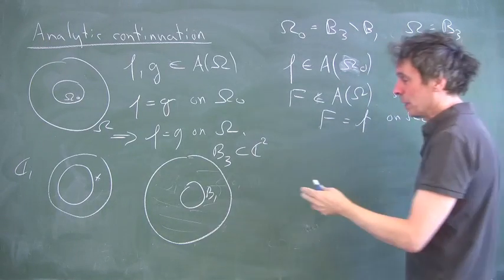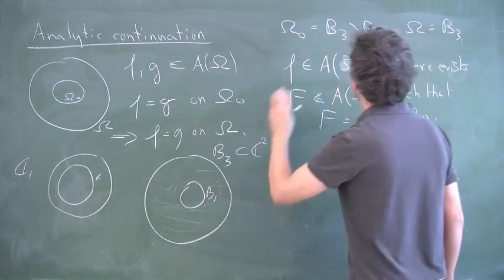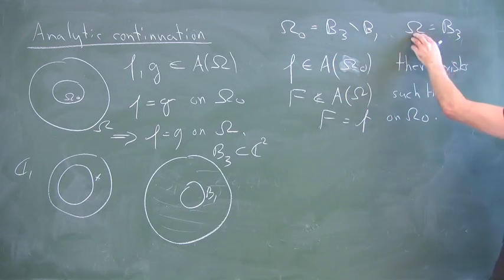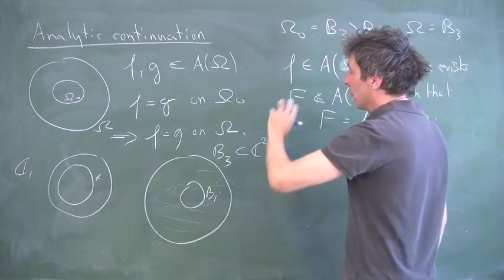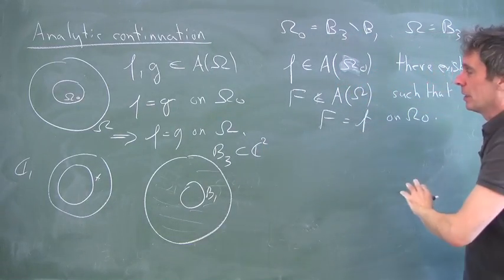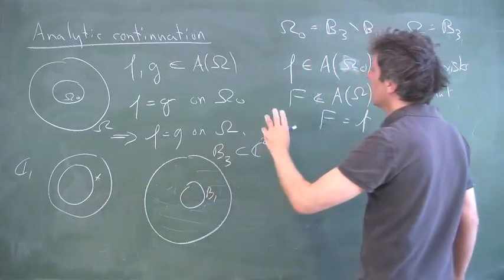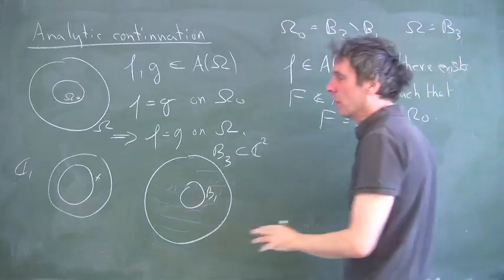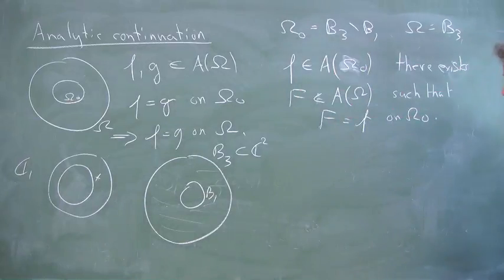So it really says that we can extend the function from this set to this larger set in a unique way, of course. But the point is that this can be done for every analytic function in this set. So there's no way of constructing this kind of counterexample that you had in one variable.